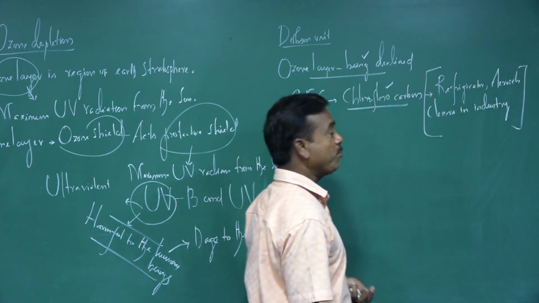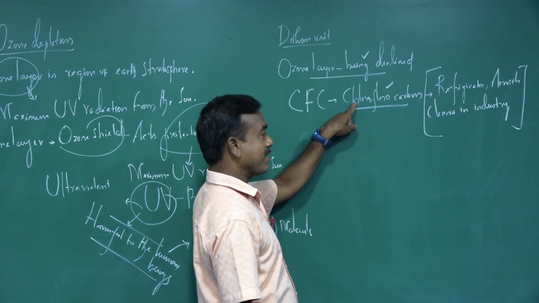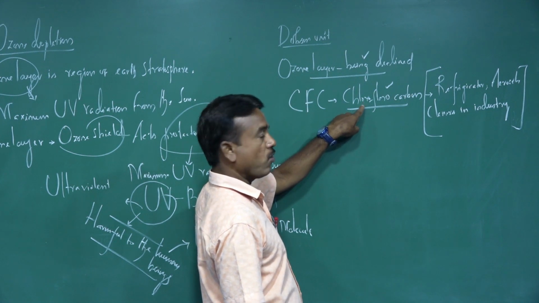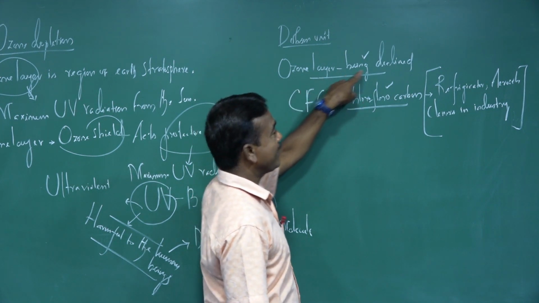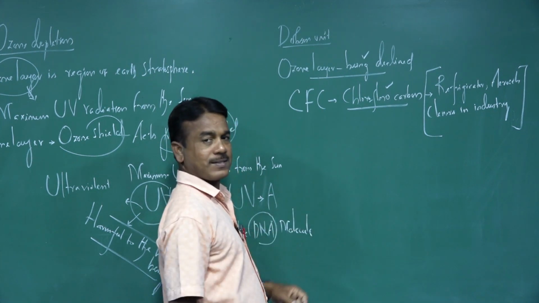Those are responsible for releasing such harmful substances into the environment, commonly called chlorofluorocarbon. In the presence of chlorofluorocarbon, the ozone layer is declined, or the ozone layer is reduced in thickness.